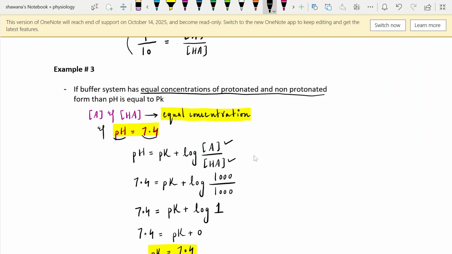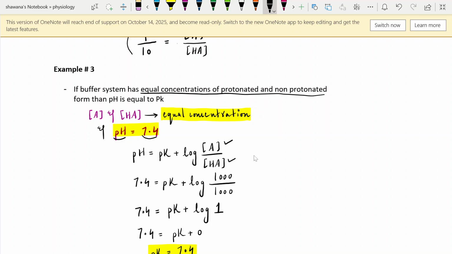How? pH is known, pH is 7.4 and pK is to be found, plus log. We can place any number in place of HA and A because these are the same. Log 1 is 0, and that's exactly when we get pK equal to pH. pK is 7.4 and the pH was also 7.4.